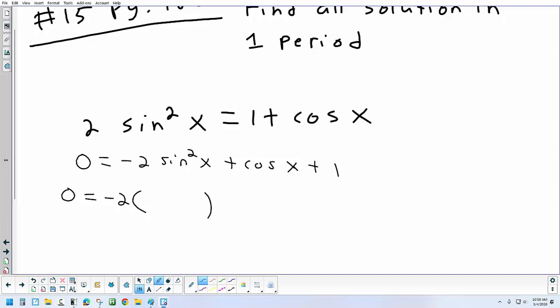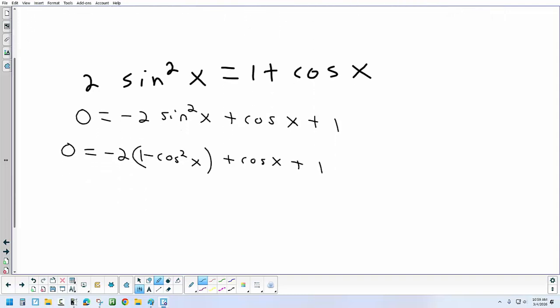What is sine squared when we rewrite that using a Pythagorean identity? Yep, 1 minus cosine squared. Now maybe you can see why I made the sine squared negative, because it's not going to be negative when I distribute it. Okay, so distribute out your negative 2 and write it in descending order.